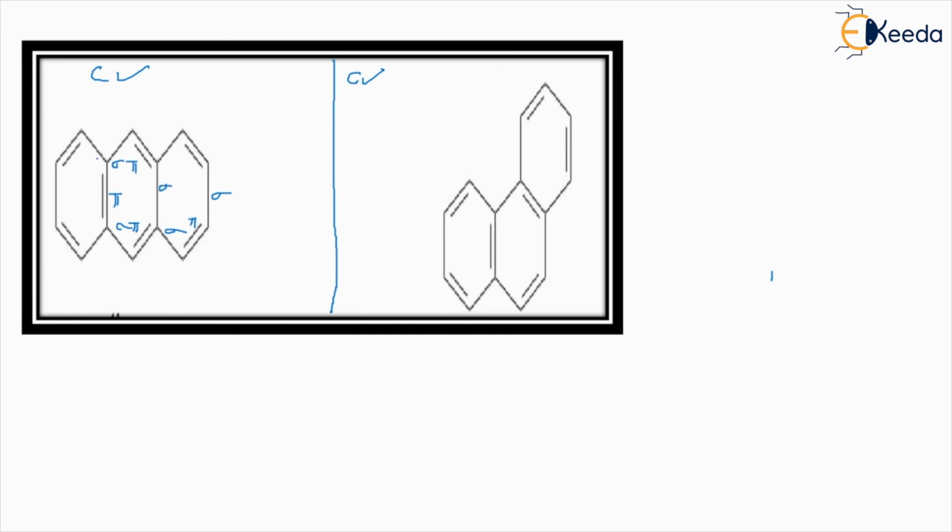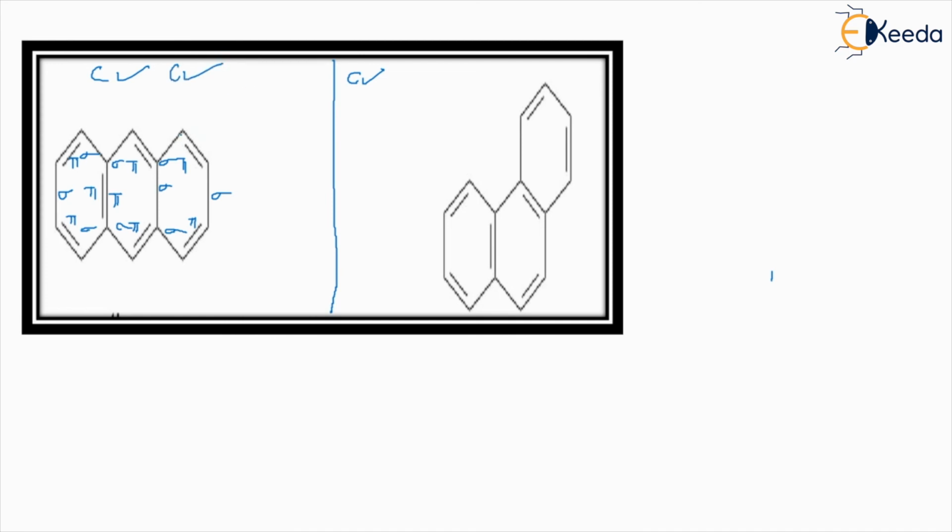It is just going on and on. So this pi electron can be shared over here as well. Pi and then sigma. Then over here you have a pi, which I have already written over here. Sigma, pi, sigma, pi, sigma. Yes, it is conjugated as well.